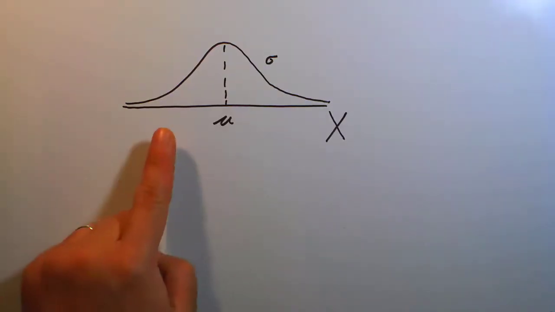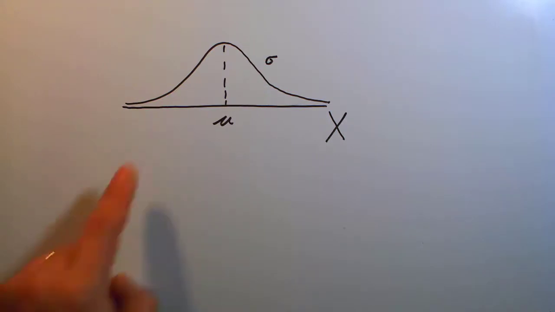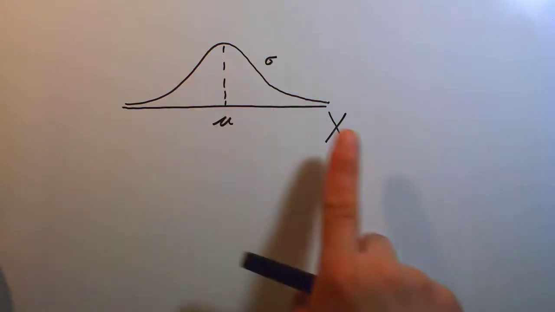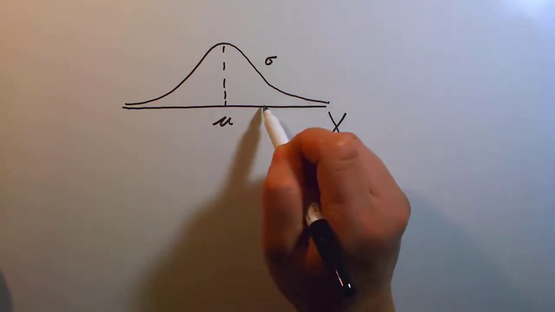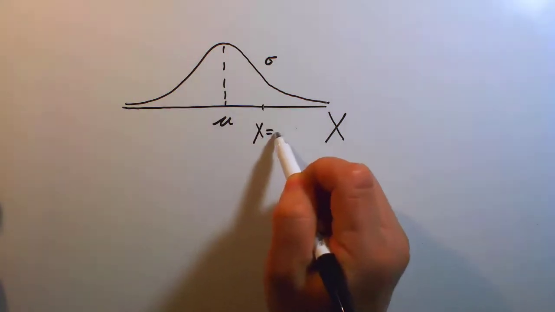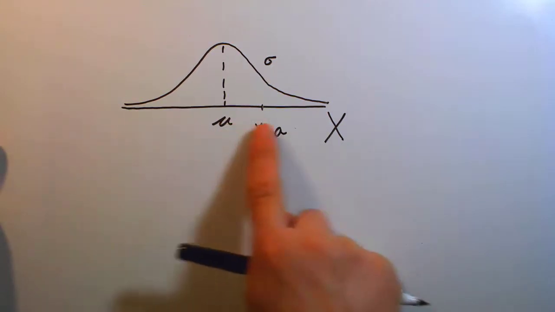So even though we're no longer working on a standard normal distribution, but on a general normal distribution like this, one fundamental from the standard normal distribution can be carried over here. Let's say on our general normal distribution, we have a value x equals a as being some value on our horizontal axis here.